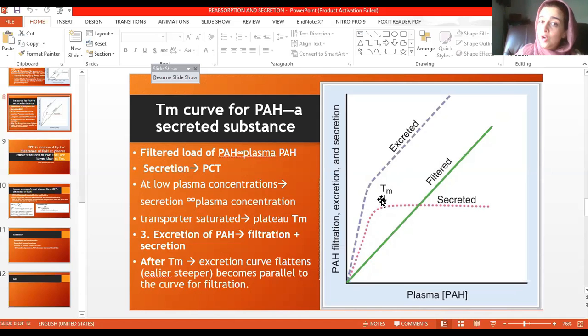However, what you have to notice here is that this secretion is also taking place from the blood. Now, PAH was partly filtered at the glomerulus, right?